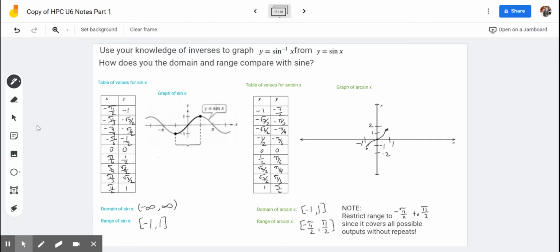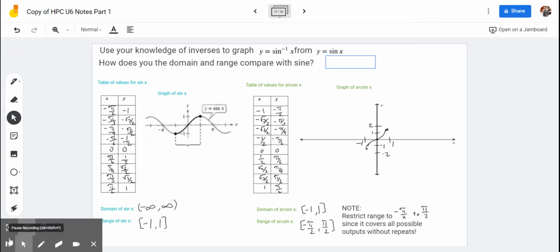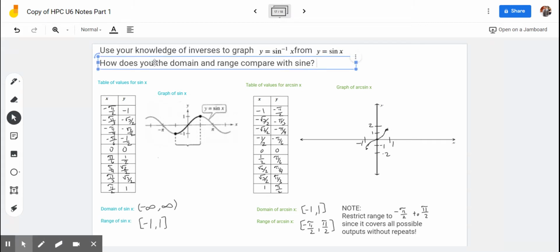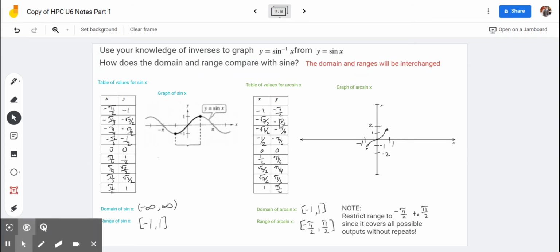And then just make sure that you write here: how does the domain and range compare with sine for sine inverse?